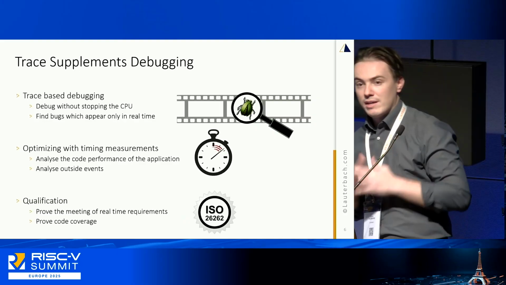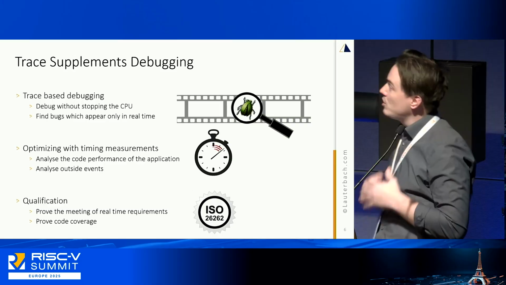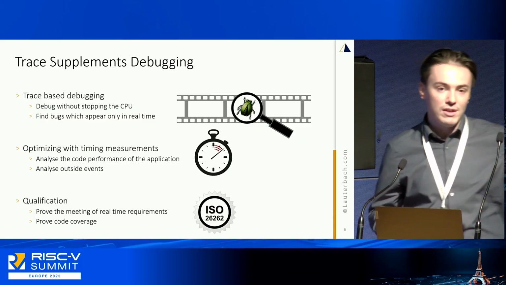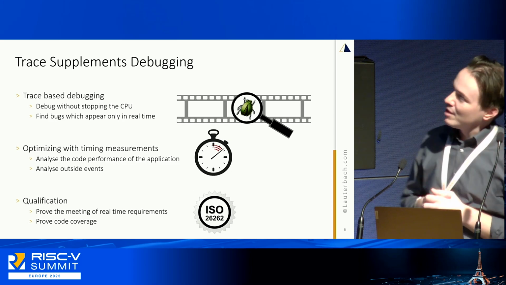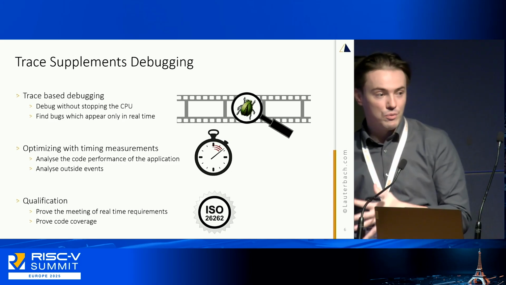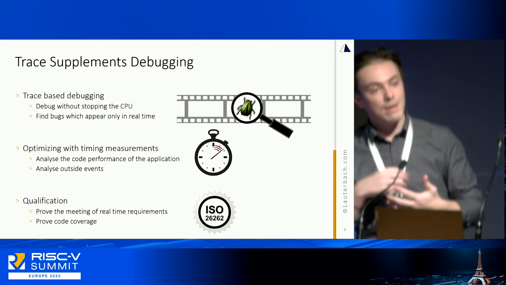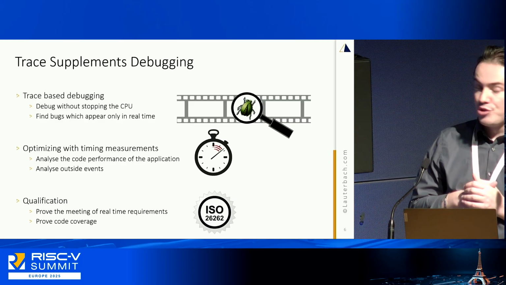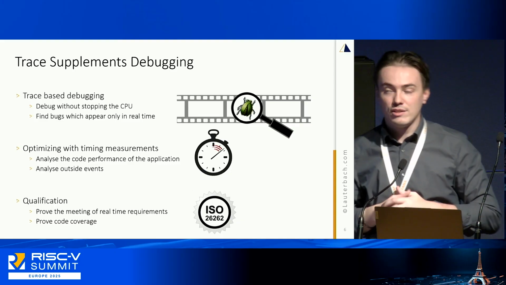The trace, I'm speaking here about a real-time trace provided by the chip itself, supplements debugging. From there, you can use several features, and of course, feel free to come to our booth later to see what it looks like. This video can be replayed either onwards or backwards. Thanks to this video, you also have all the timestamps that come with it, so you can do any profiling measurements and see if your interrupts are correctly called every 10 milliseconds and so on.